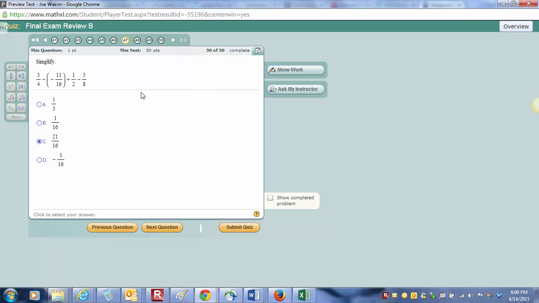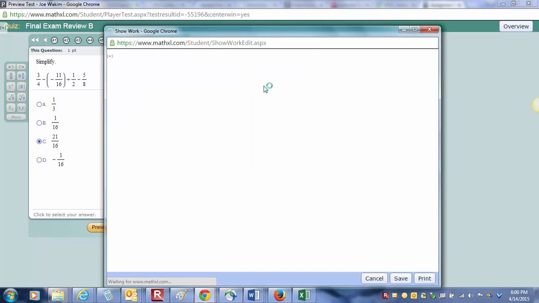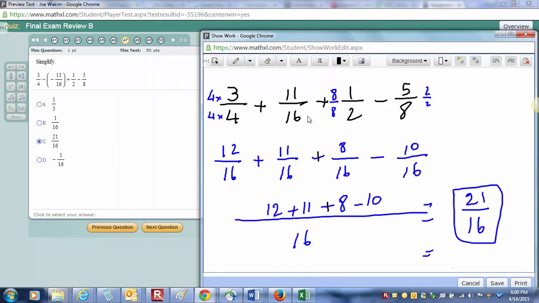47. Here we have to add these fractions. And the first thing we can do here is find the lowest common denominator, which is 16. So I change this fraction to a 16 denominator by multiplying up and down by 4. So I get 12 over 16. Now minus minus makes it plus, so plus 11 over 16.